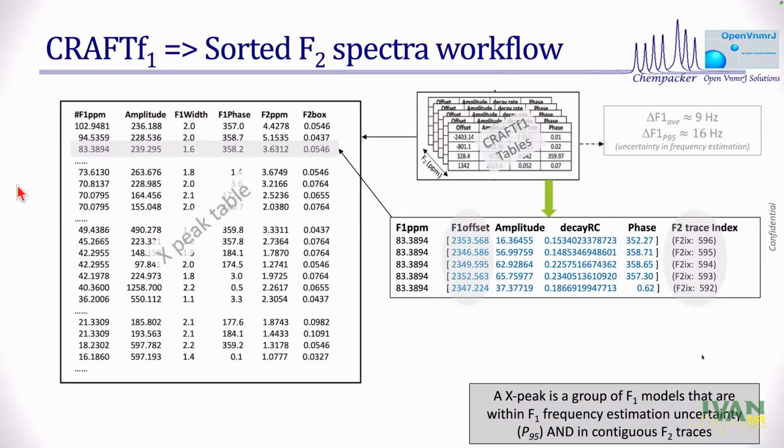So we just go back to the table and say, this is the rule. Just sort it out. So here is one sorted out peak. Just focus on this blue section. There's a group of offsets that are within the 16 hertz and within this contiguous trace index. So it says, okay, that's a cross peak.